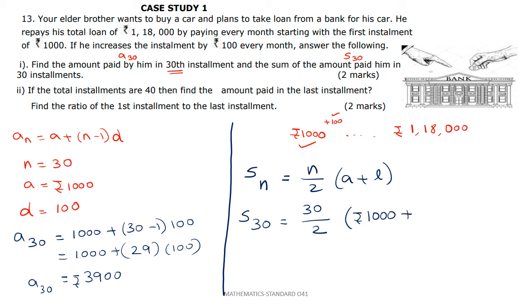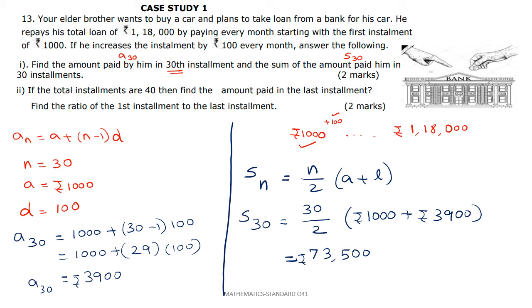The 30th installment, 3,900. So first you do the bracket thing. Then when you do this, you will get the answer, 73,500 rupees. So this is the sum of the amount paid by him in 30 installments.